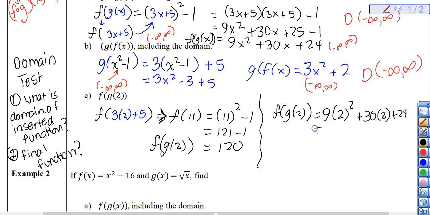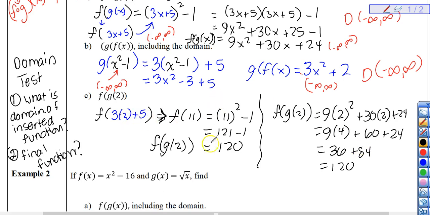And this is absolutely an acceptable way to solve or evaluate this function. I'm okay with that. I'm okay with you doing whatever you've got to do to get the answer, as long as it's right and you didn't cheat. So that's also 120.